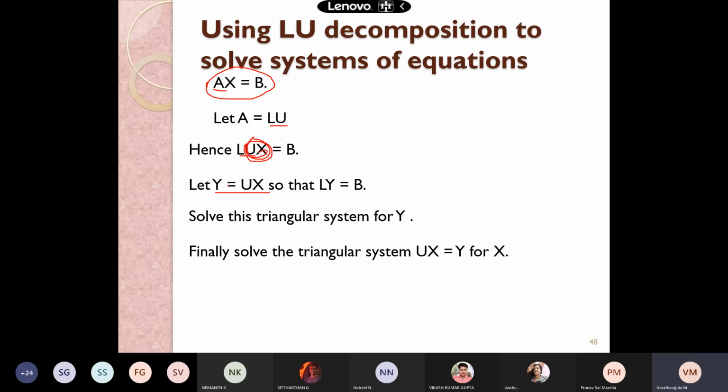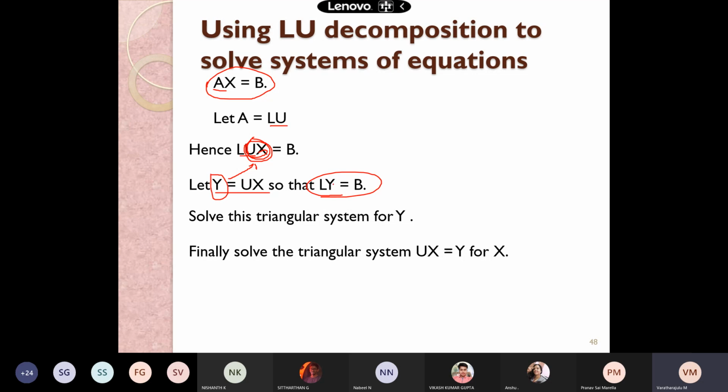Now with the aid of the upper and lower triangular matrices, I can find the various results. Here Y is equal to UX, so I can get the various values of Y. Once my Y is known, I can apply this Y here, so my LY = B, so that I can find my results.